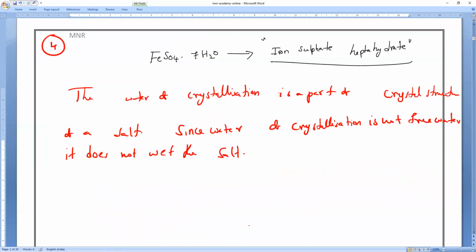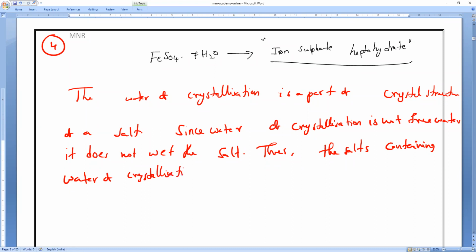Clear, everybody? Understand? All of you? Thus, the salts containing water of crystallization appear to be wet or completely dry? Salts containing water of crystallization appear to be perfectly dry. Okay. So this is in the text.